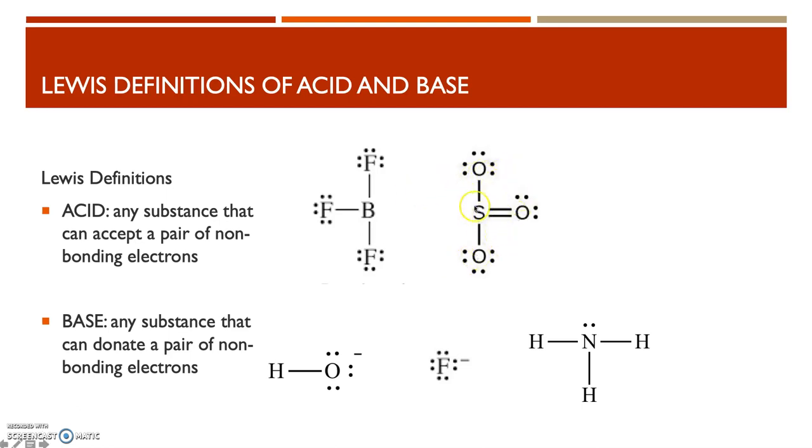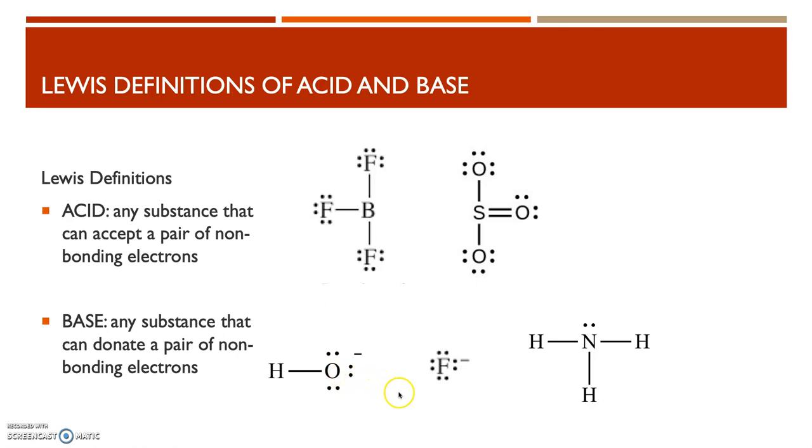SO3 also, right? Sulfur has 8 electrons, but it can expand its shell to accept more electrons and create a new bond in that empty space. The base then is anything that has a lone pair to donate. These are typically non-bonding electrons.